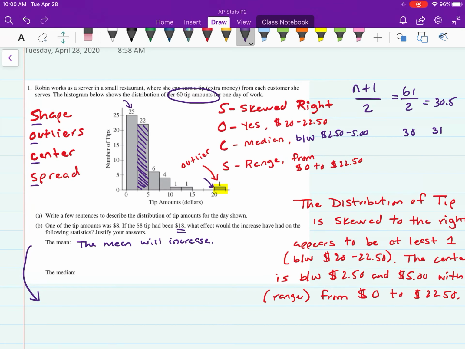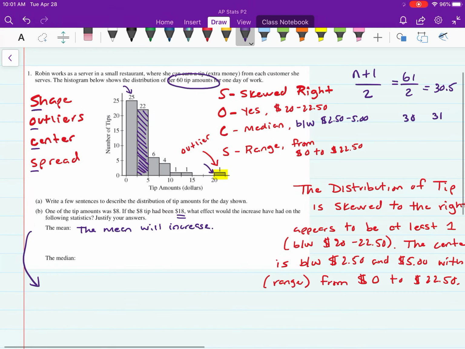And the mean, which is a measure of center, is not resistant to outliers, right? The mean is going to be affected if you're adding in an outlier to your data. So I'm going to say the mean is affected by outliers.